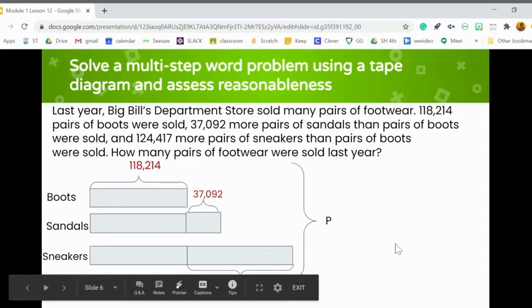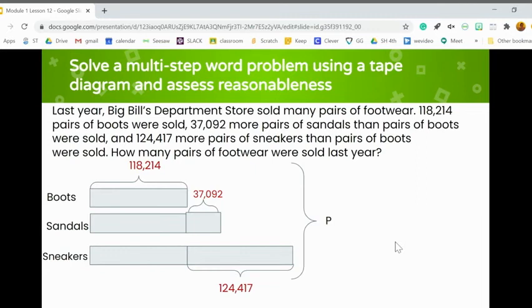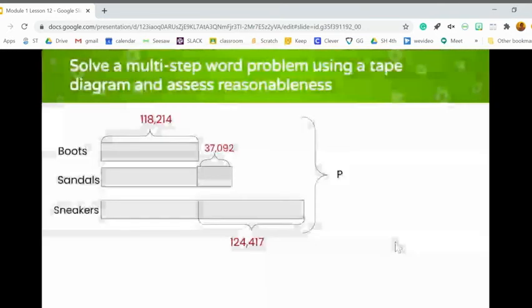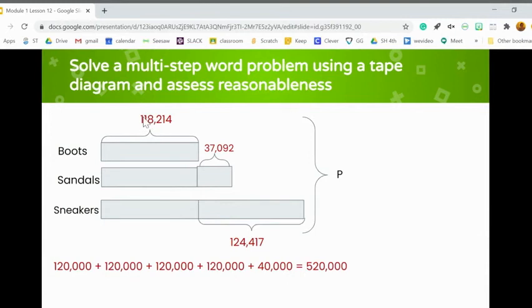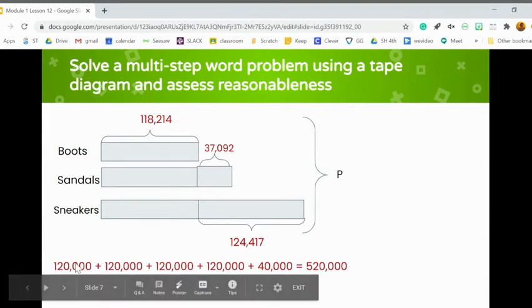So there's a couple ways I can solve this. And the first thing I want to do is estimate. So here's my tape diagram, and I want to estimate the amounts. So one way I could do that is to say that 118,214 is about 120,000. So I'm going to show that 1, 2, 3 times.